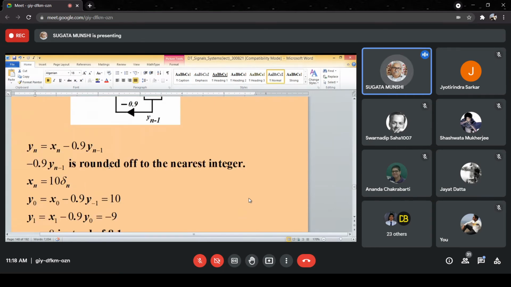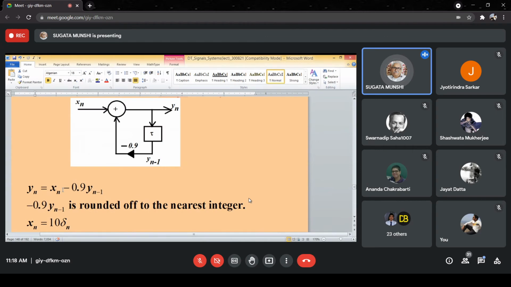For that purpose, we consider that x[n] is 10 delta[n]. That means at the instant n equal to 0, x[n] has a value of 10, and thenceforth it has a value of 0. So just try to find out. I will consider both the values, without rounding off and with rounding off.